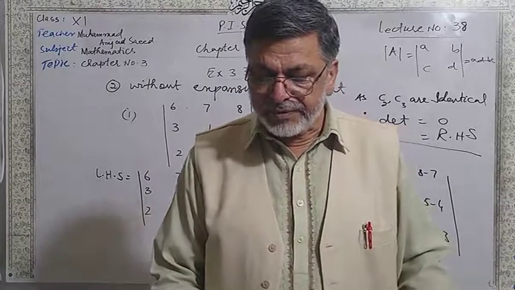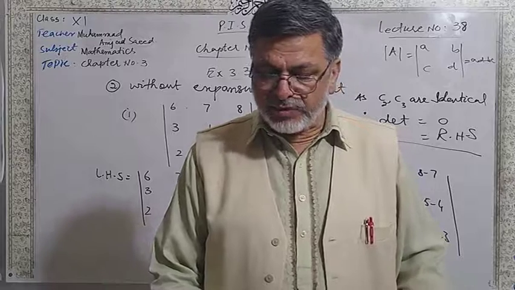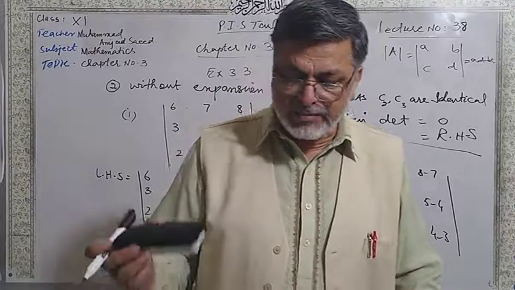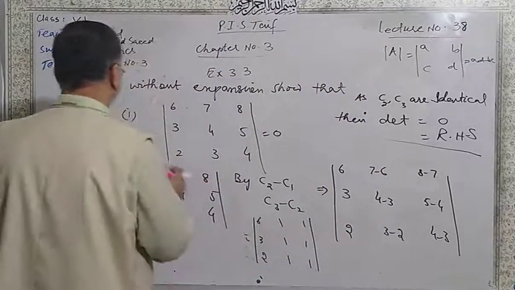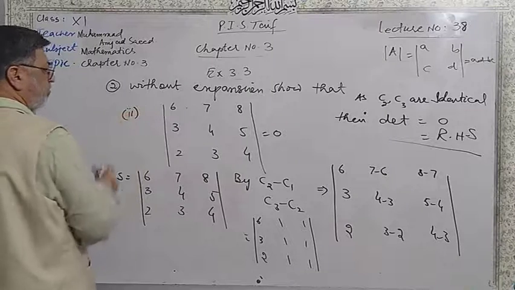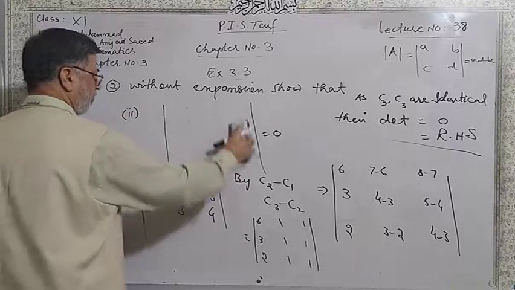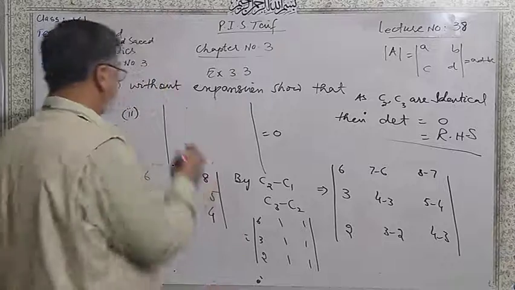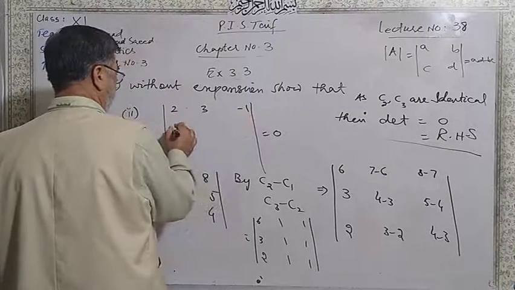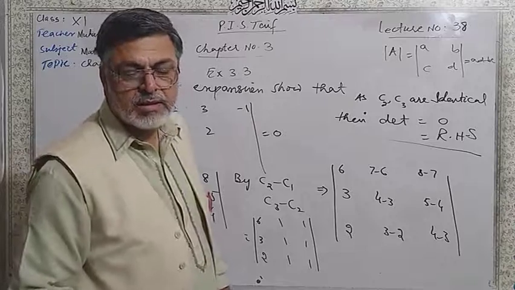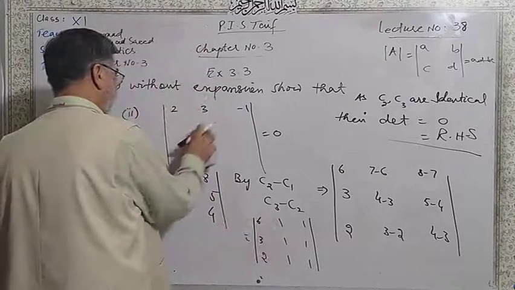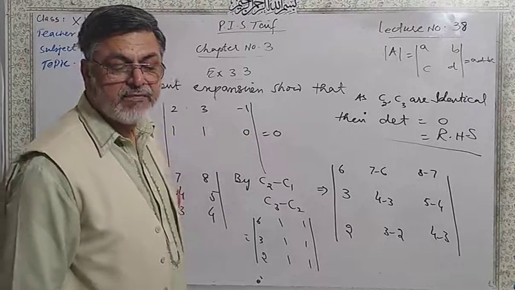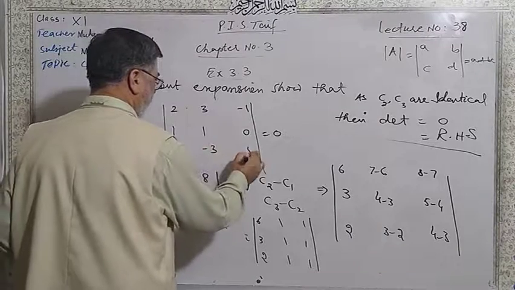After that we have parts number 2 and 3. I think you can solve part number 3 by yourself. We can take part number 2. Part number 2 is the determinant with rows 2, 3, minus 1; 1, 1, 0; 2, minus 3, 5.